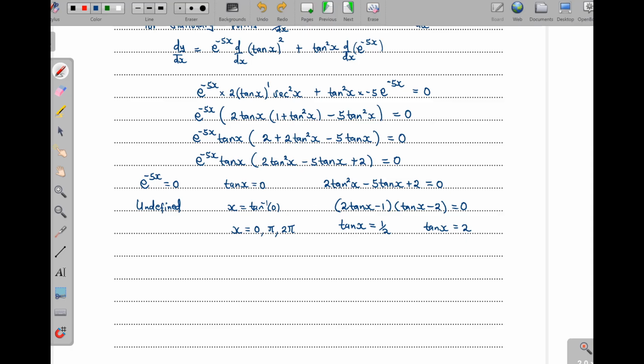Okay. Now next, get this one here. And then we say that our x is going to be equal to the arctan of a half. And then also our x is going to be the arctan of 2. Since these ones are positive, then we are going to pick angles in the first quadrant and also the third quadrant. That is where tan is positive.